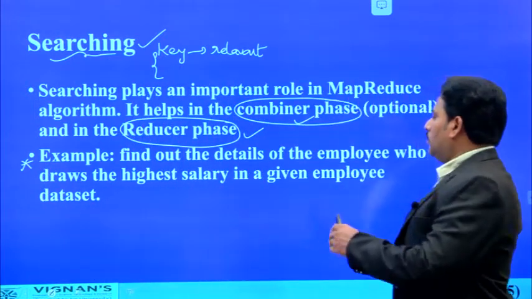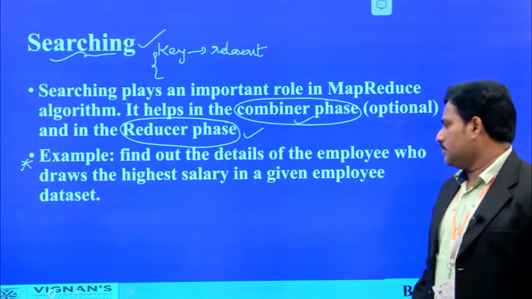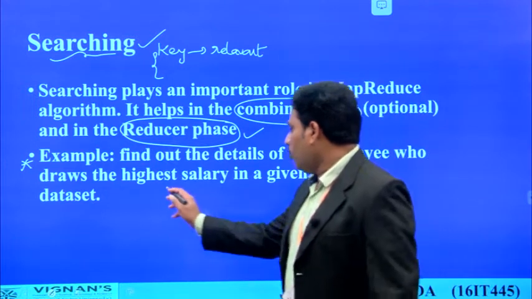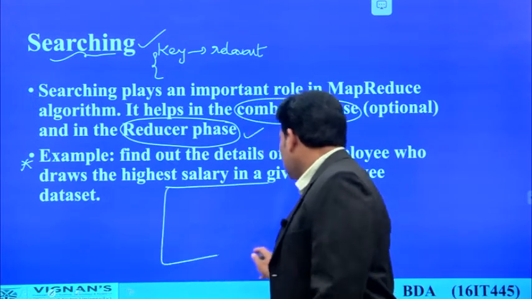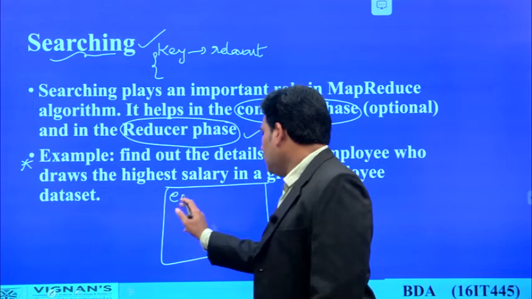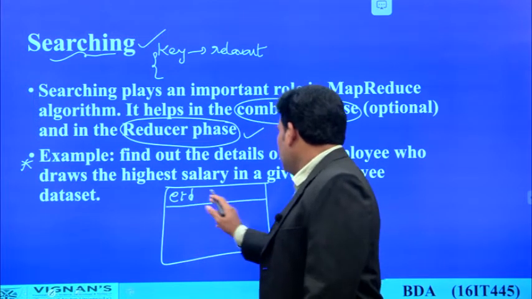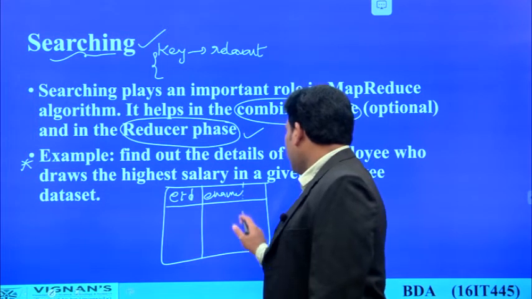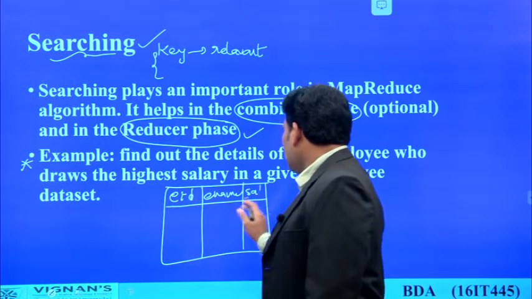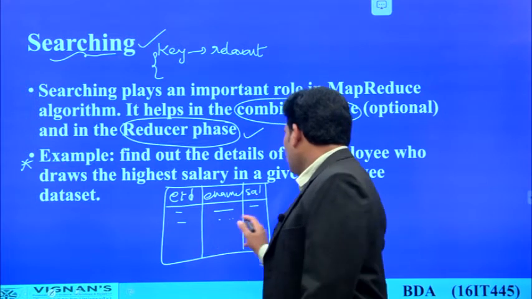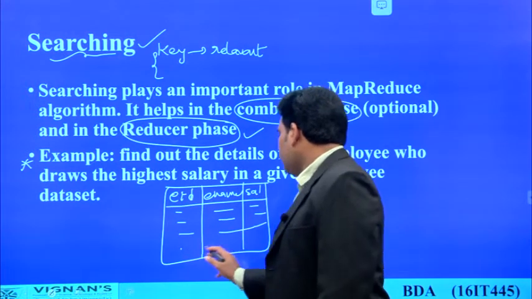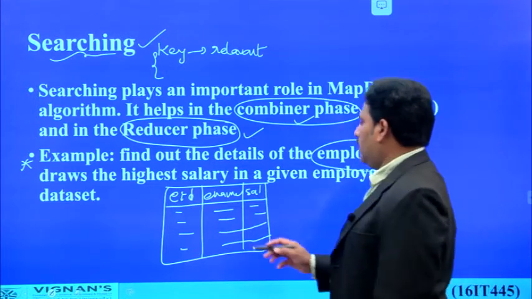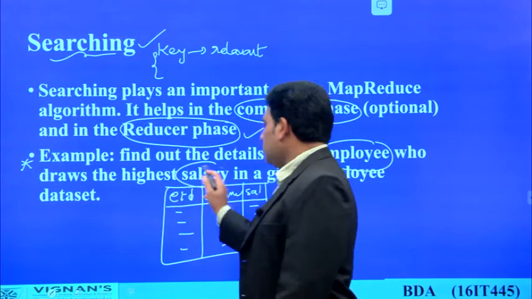applications. Find out the details of an employee who draws the highest salary in a given employee data set. That means from the given employee data set, let us take this small example. Here we are having some employee ID, employee name and salary of an employee. From the list of all these values we want to find out one employee who draws the highest salary in the given data set.